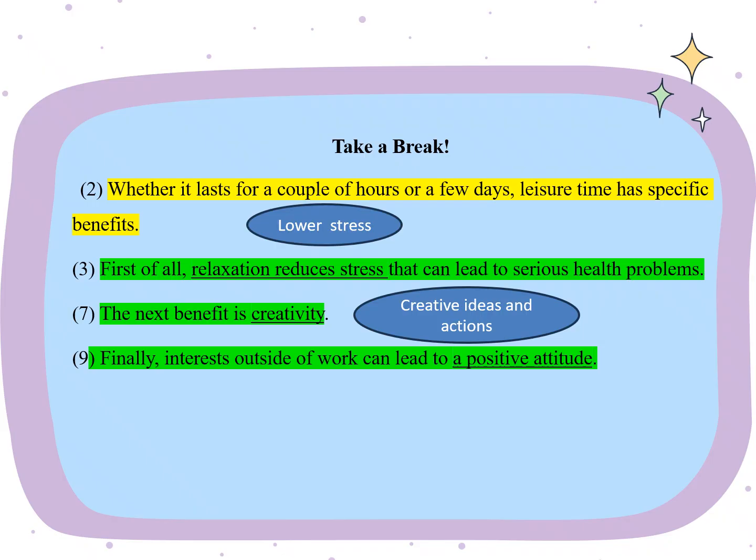I paraphrased a positive attitude as think positively. A positive attitude, this is a noun. Then I paraphrased this noun as a verb phrase, right? Think positively. Think is a verb, positively is adverb. It's a verb phrase.